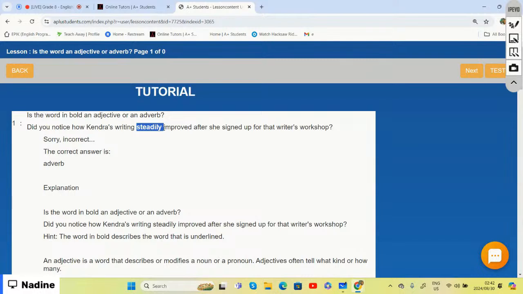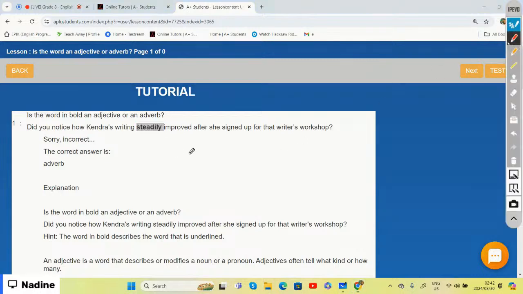And if we look at that word steadily, then we can say steadily is an adverb.